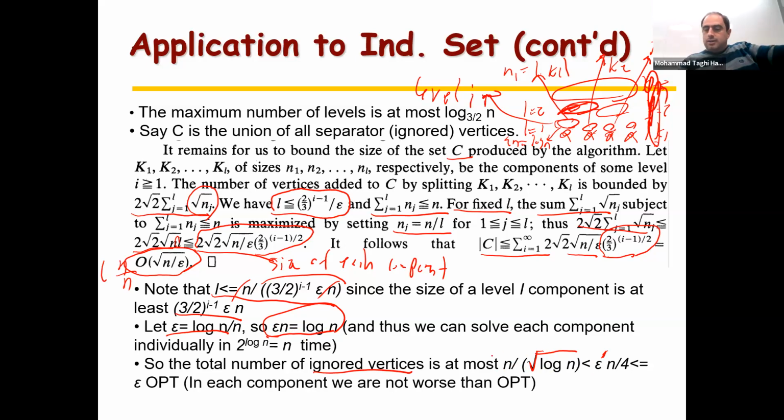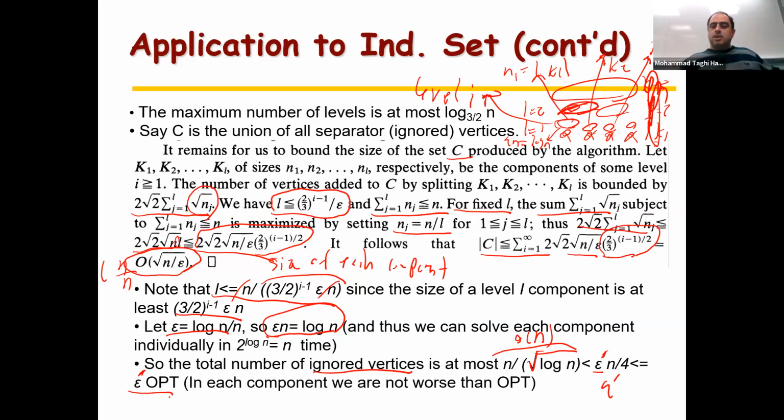So this is the whole idea. n over any function of n would be little o of n, and this one would be less than epsilon times n over 4 for small enough epsilon. And I knew that opt is at least n over 4.